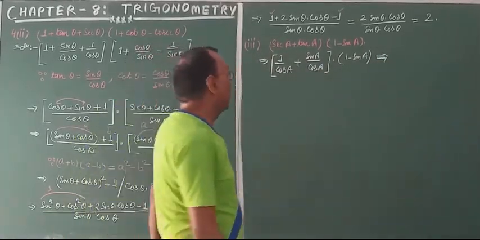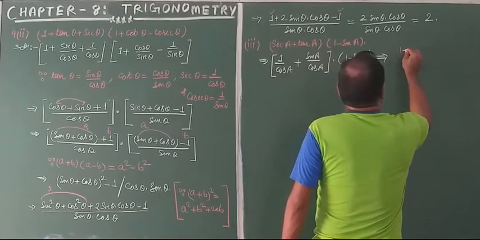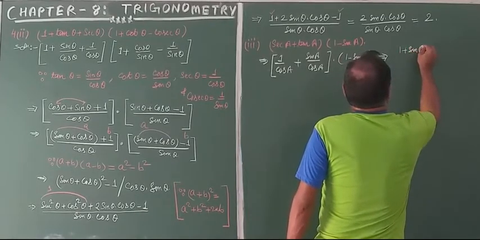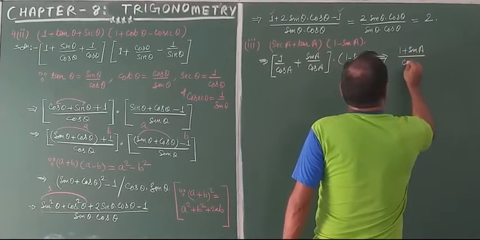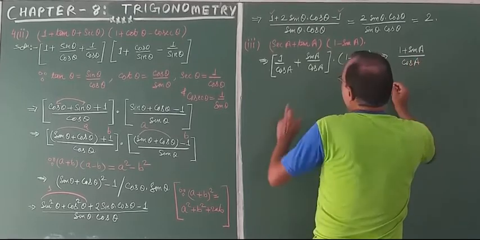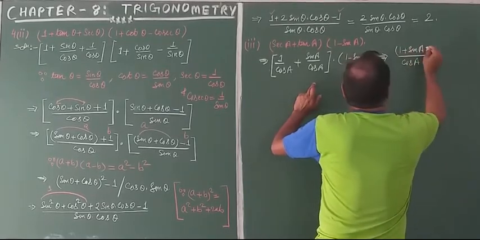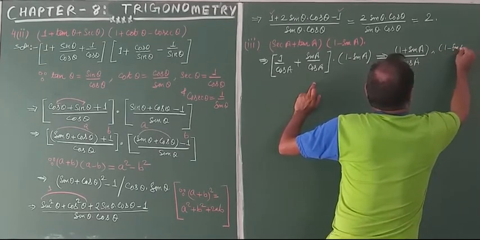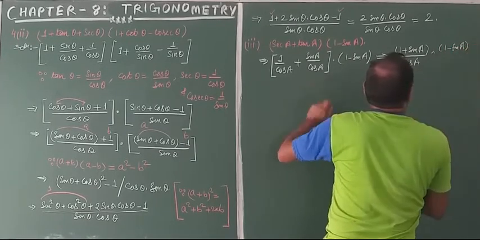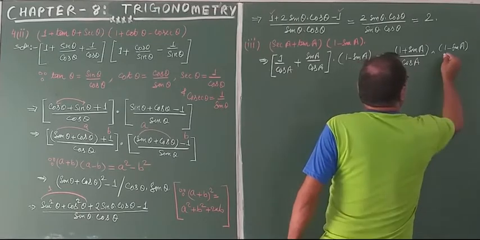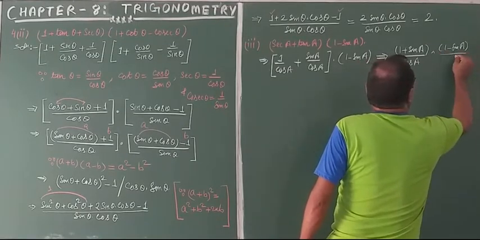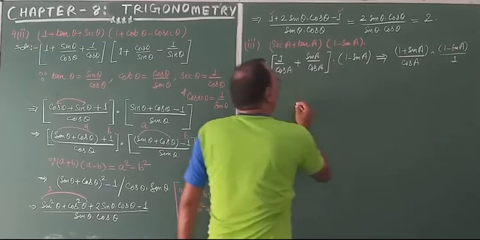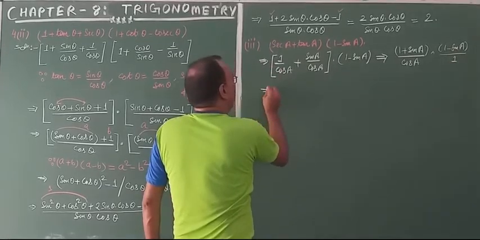What you will get? 1 plus sin A upon cos A, and into 1 minus sin A. There is nothing under 1 minus sin A, it means here is 1. What will we get in the numerator?